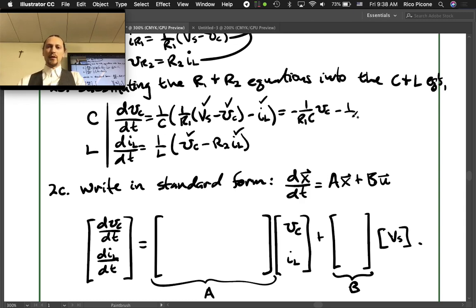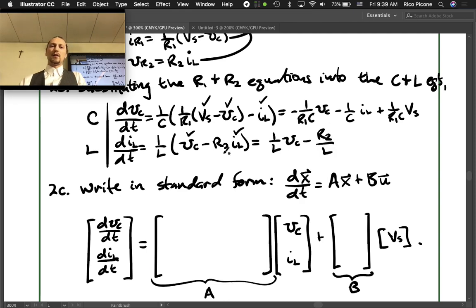Minus 1 over C IL. And then finally, there's plus 1 over R1C times VS. Let's do this for the other equation as well. We have 1 over L VC and negative R2 over L times IL.